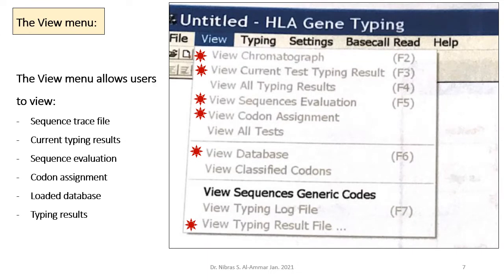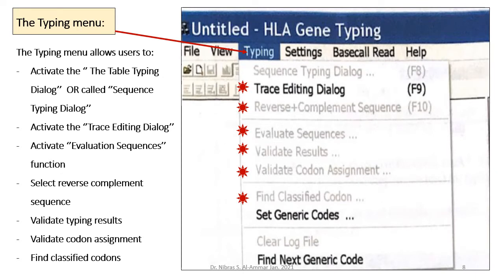The view menu. The view menu allows the user to view the sequence trace file, current typing results, sequence evaluation, codon assignment, loaded database, and typing results. The typing menu.